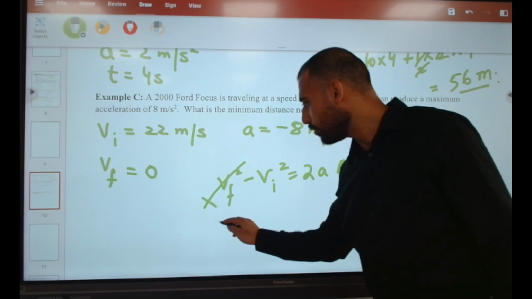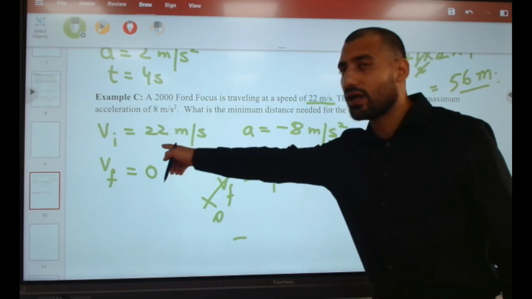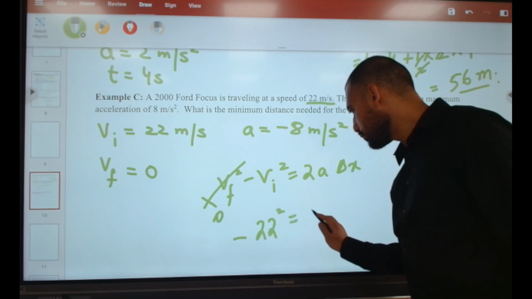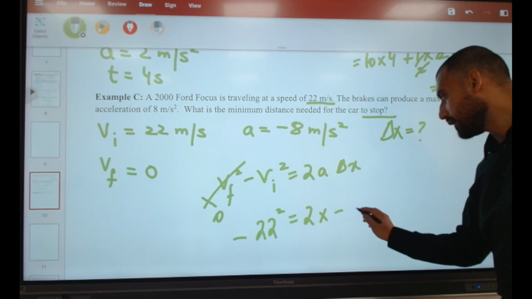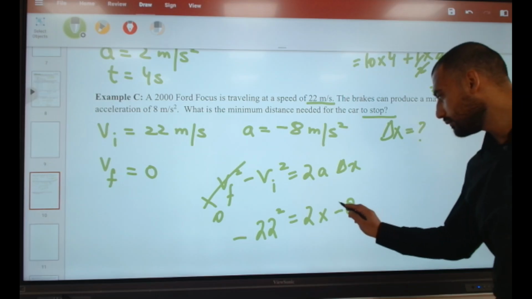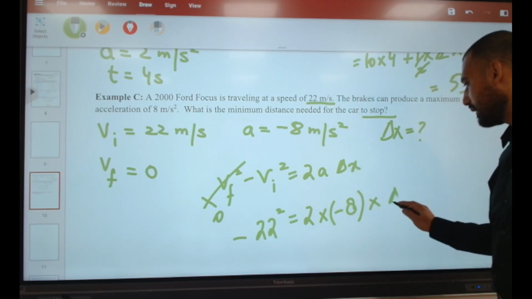So will this term go? Negative times V initial squared will be 22 squared. That will be equal to 2 times, what is acceleration? -8. Don't forget it.